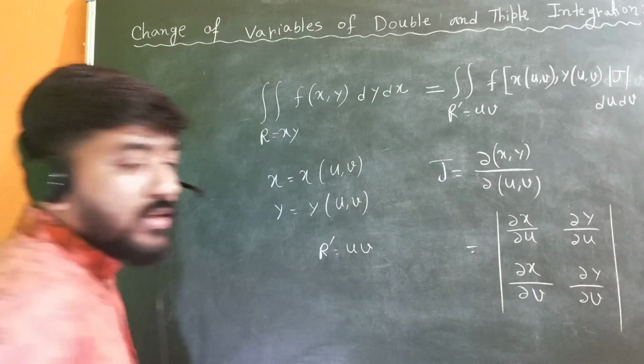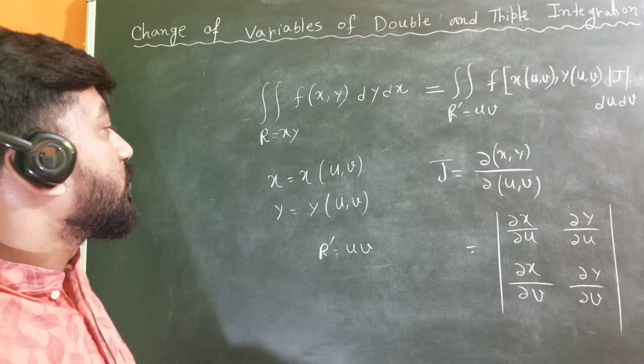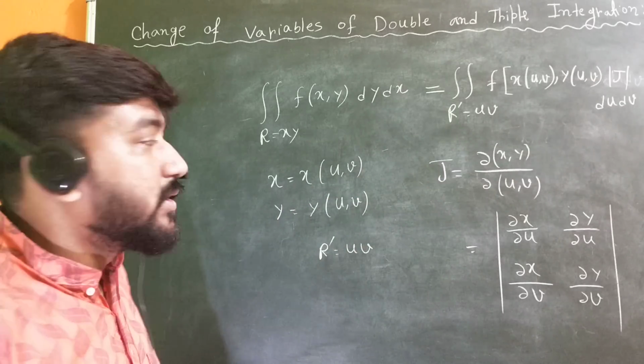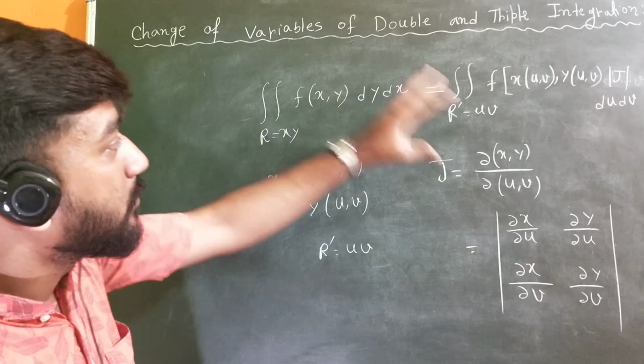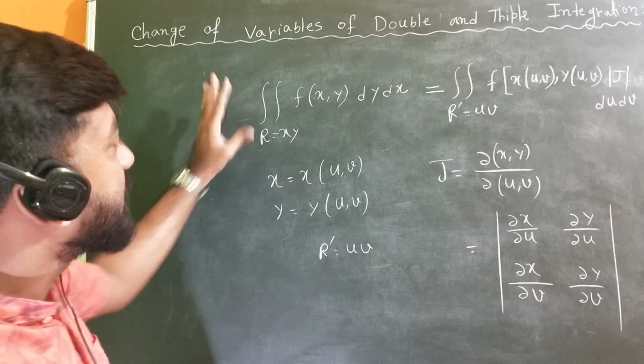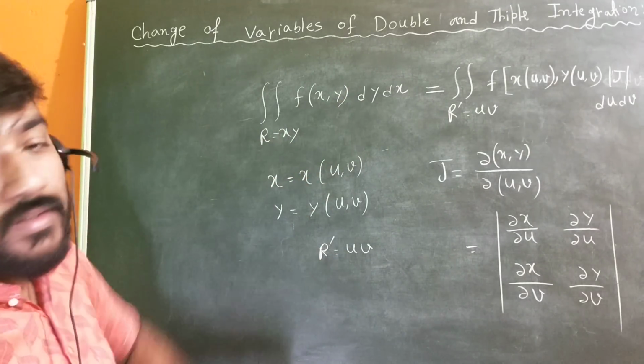This determinant gives you the Jacobian when you want to change the variable from xy to uv. This is how we can change the region of integration from one plane to another plane.